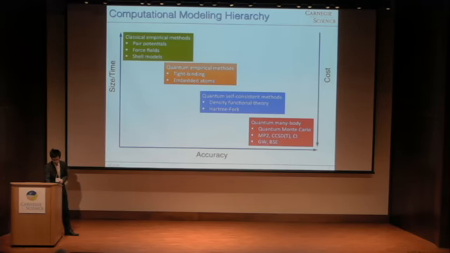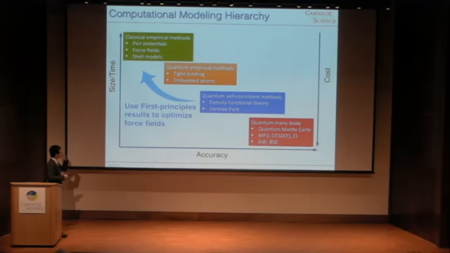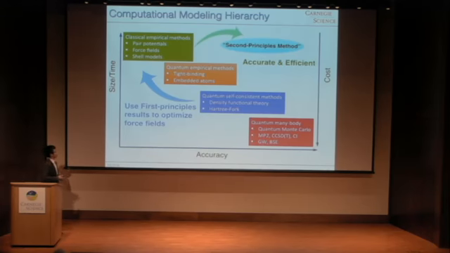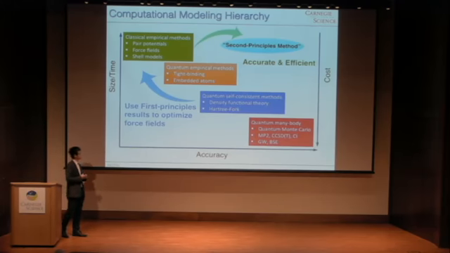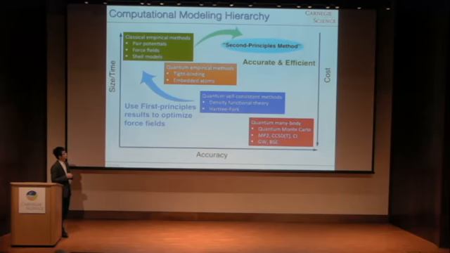The procedure we adopt is to use these first principles methods to optimize our force fields and use these force fields for large-scale finite temperature molecular dynamics simulations. In many cases, this second principle method works very well, and can not only provide a qualitative description of the domain wall switching process, but can also provide quantitative estimations.